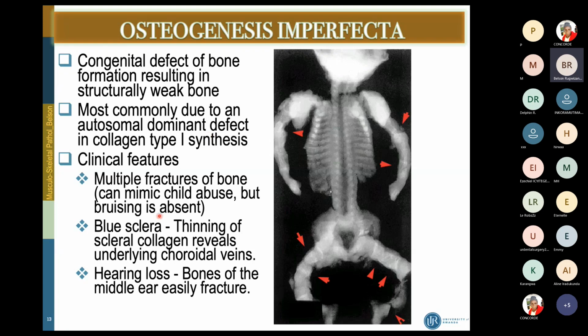So also these children have a problem in their sclera. You know, it is one of the membranes, the outer membrane of the eye. And they usually have also hearing loss because the bones of the middle ear get fractured. So you can see on this X-ray, which was taken of the whole body, that the bones here are not well formed. They are not straight as the other bones should be.